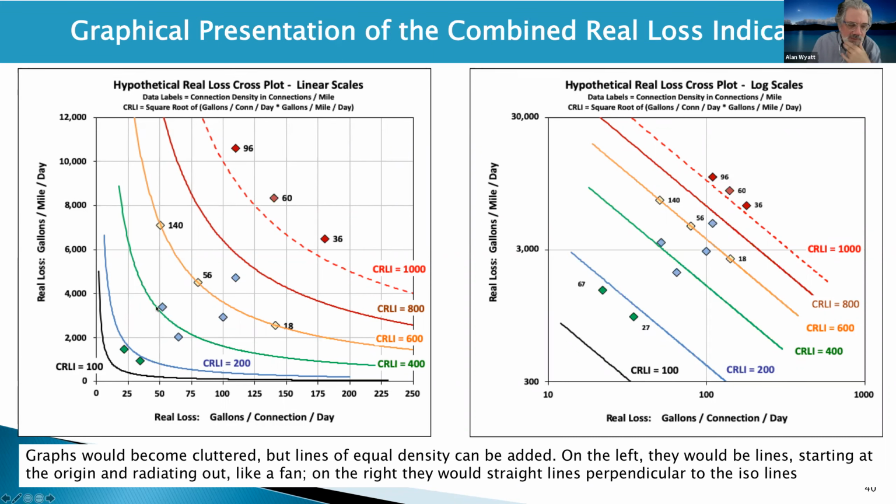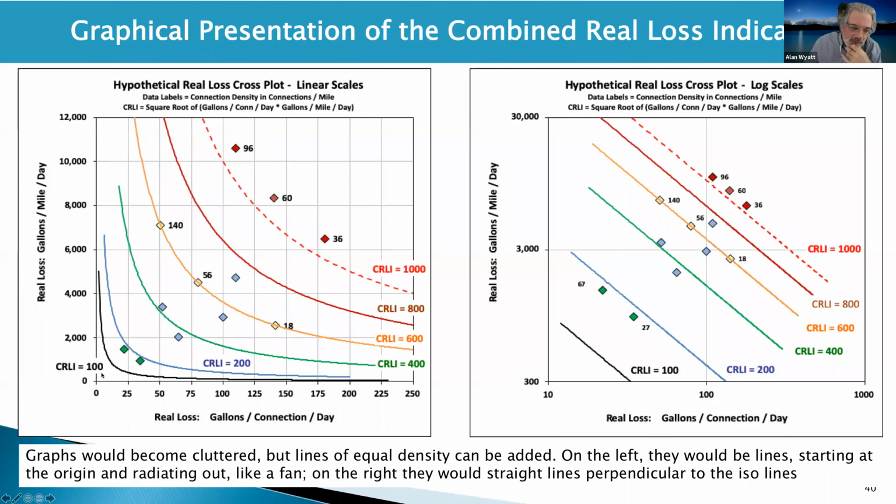If you multiply those two indicators and take the square root, you're blending the two indicators and you get what I call the combined real loss indicator.